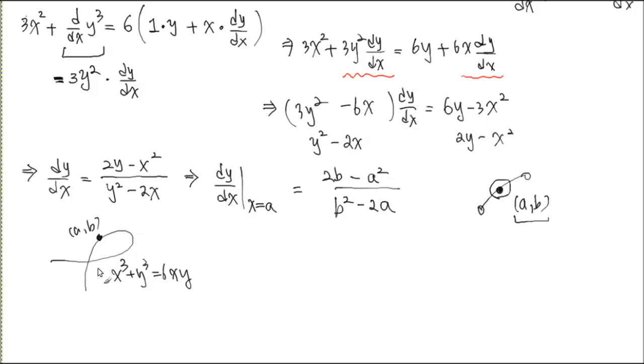How do you calculate the slope of a tangent line there? What was the formula? If I have a comma b there, what's the slope of the tangent line if it's given by this Cartesian equation? 2b minus a squared, divided by b squared minus 2a.